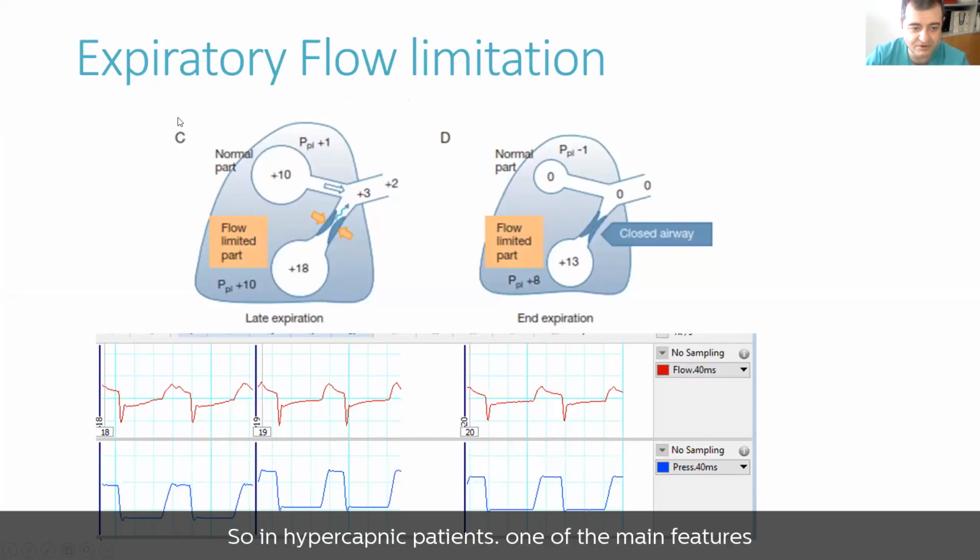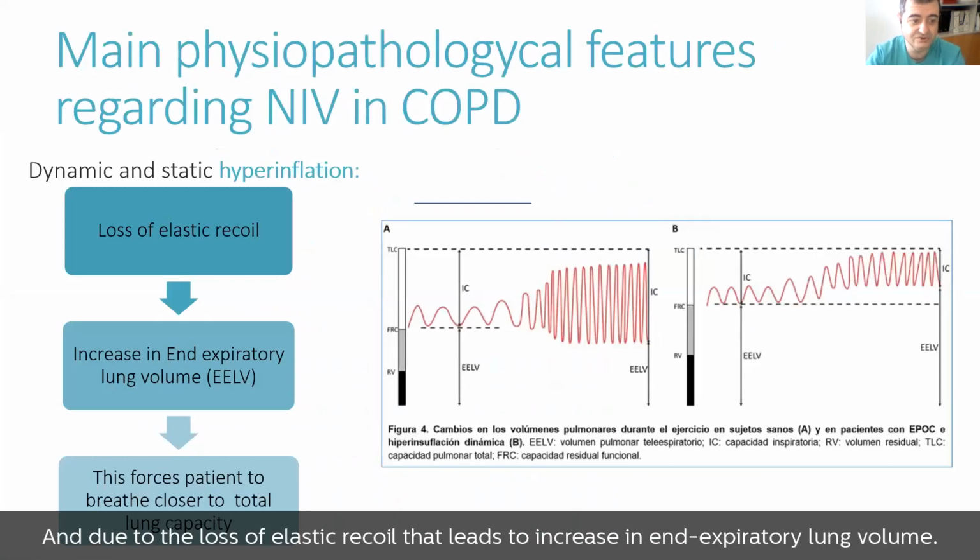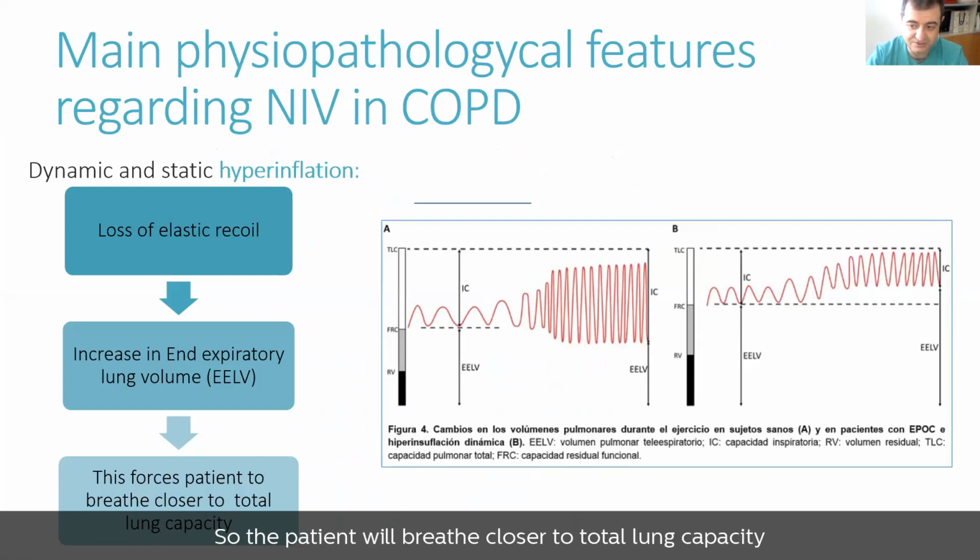In hypercapnic patients, one of the main features that account for the development of respiratory failure is the respiratory flow limitation, due to the loss of elastic recoil that leads to an increase in end-inspiratory lung volume, so the patient will breathe closer to total lung capacity, and the diaphragm will have a mechanical disadvantage.